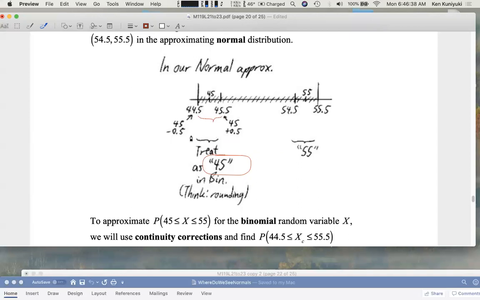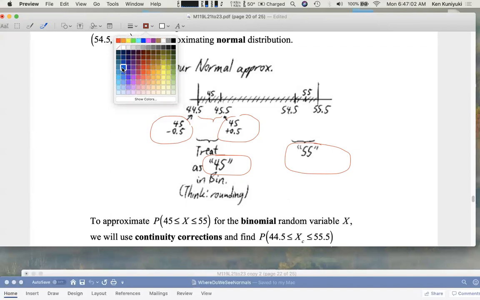And that's true for any integer. When we go from the binomial to a normal approximation, I take the integer of interest, I subtract 0.5 for the left fence post, and I add 0.5 for the right fence post. Likewise, for the integer 55 for the binomial distribution, what's the interval that corresponds to that? Actually, I'll use blue for this.